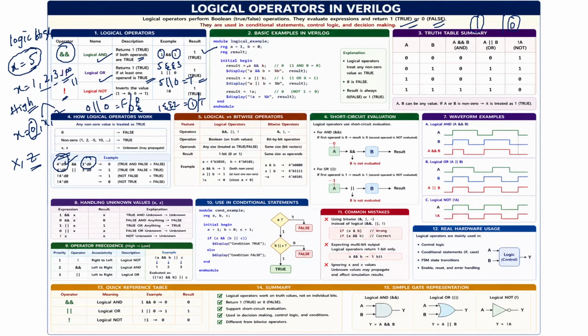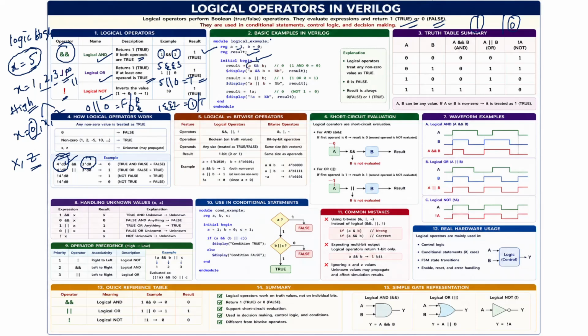Clear? Yes. Some basic examples: this is the module and the module name. I am representing the input values A and B. Here the A value is 1 and the B value is 0, and then I represent the result. Inside the initial begin, I am doing some operations related to logical operators.